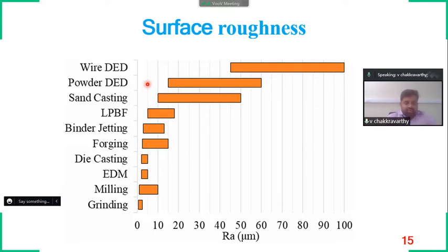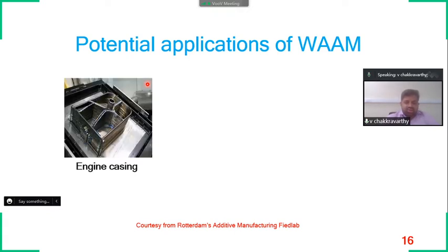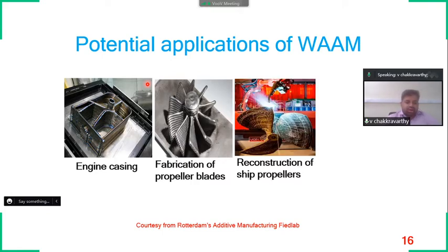So let's see a couple of potential applications of WAAM, and why this technology is increasingly gaining attention. It is extensively used nowadays for engine casing fabrication, and for fabricating ship propeller blades, and even if any blades are broken.